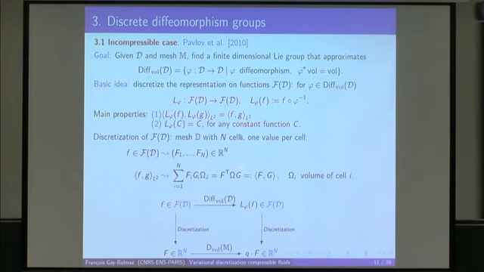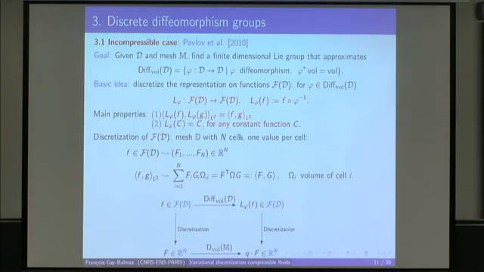It is simply the inner product of F and G weighted by the volume of each cell of your fluid domain, right? So you get this inner product. So the picture you have to have in mind is the following. In the continuous case, the diffeomorphism acts on the right by composition. In the discrete case, your matrix group, that I denote this way, acts on the left by ordinary multiplication on vectors.